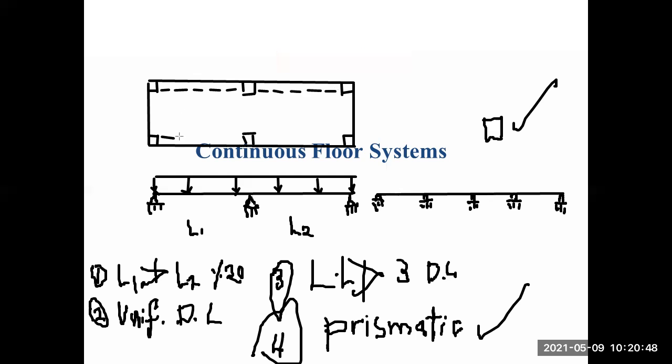Usually the beam is less than the column's thickness. Mistakenly it has gone beyond the column. Usually it should be this way. Okay. Anyway.